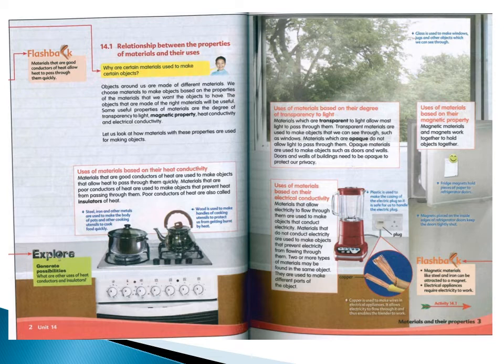They are how transparent they are to light, the magnetic property, heat conductivity, which means how efficient they are in conducting heat, and electrical conductivity. But besides these four, there are many properties which materials have.